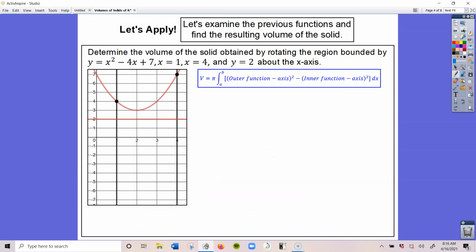So let's try out this exact problem. The function is x squared minus 4x plus 7, and it's bounded by x equals 1, x equals 4, and y equals 2. And we're rotating it about the x-axis. Again, I'm going to draw out this solid just so that you can see it. What I do is reflect everything across to the other side. This is at 4, so I go to negative 4. And this is at 7, so I go to negative 7.